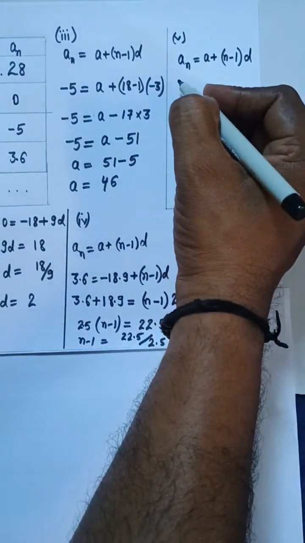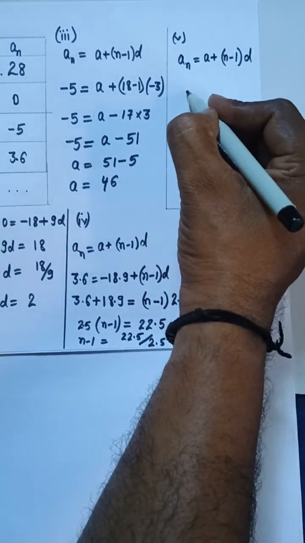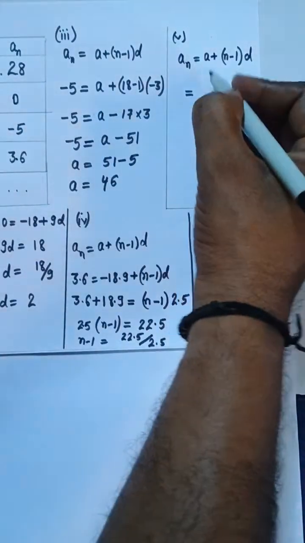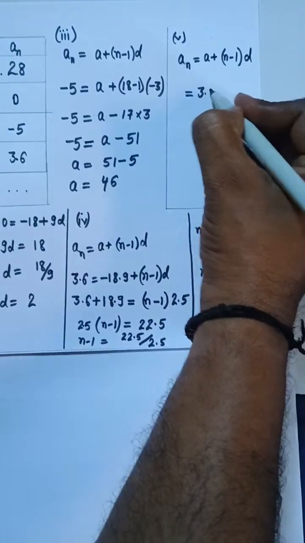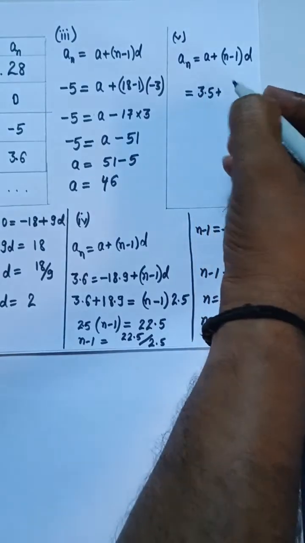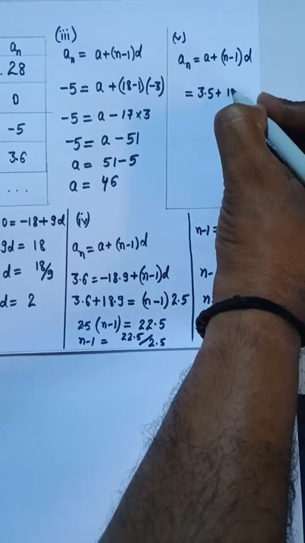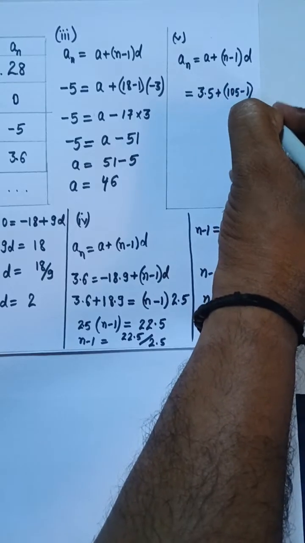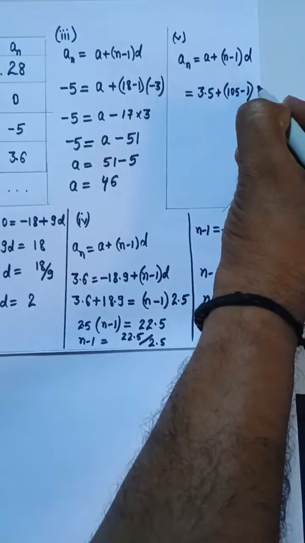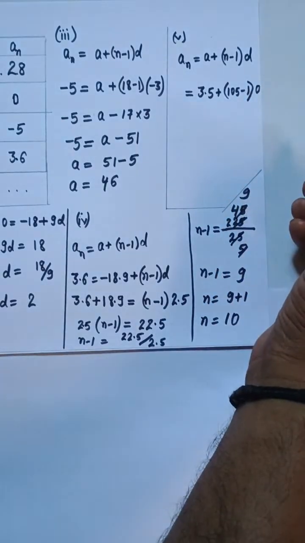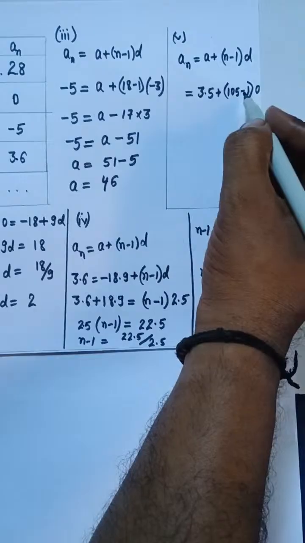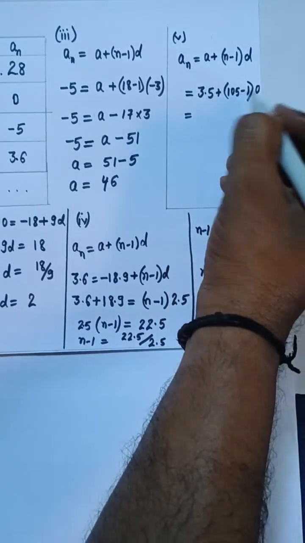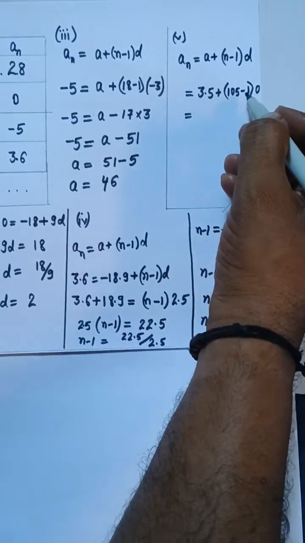We need to find an, so I'm leaving it here, and then I'm putting the value for a, that is given 3.5, and the value of n is 105, minus 1, and the value of d is 0. So very easy, right? If anything is multiplied with 0, that will come 0. So I'm not going to calculate this. I can put this one as 0 directly.